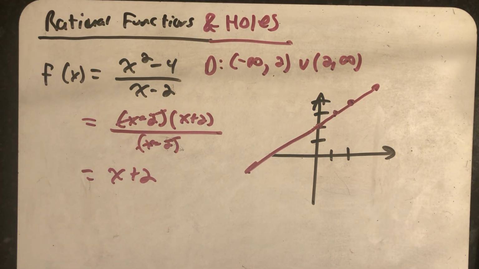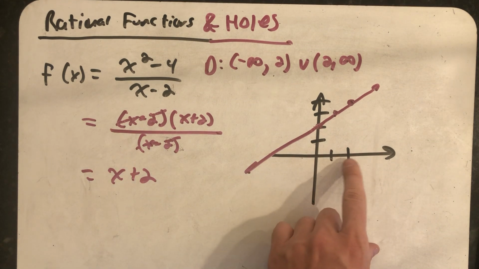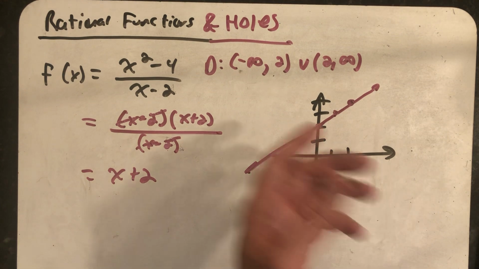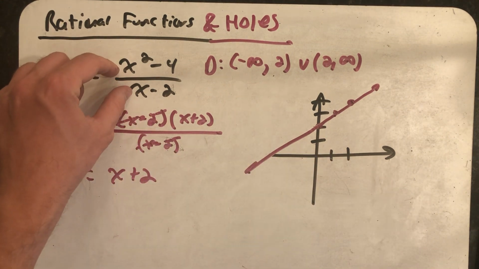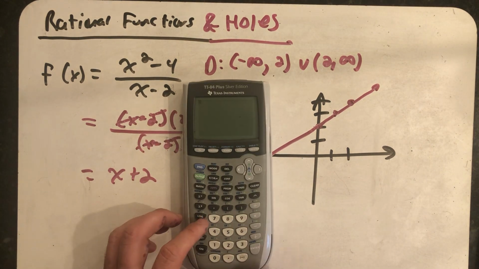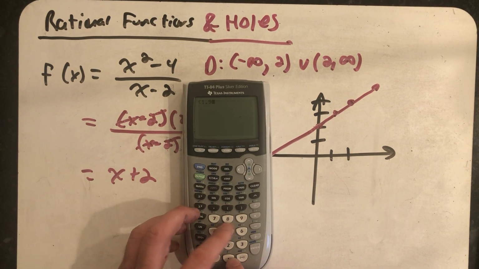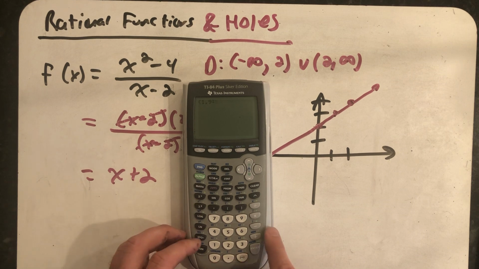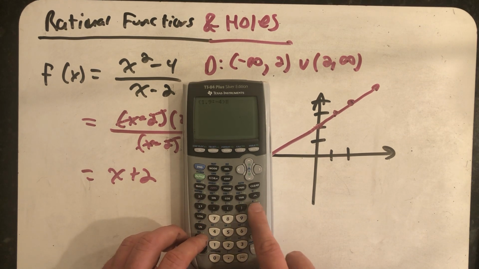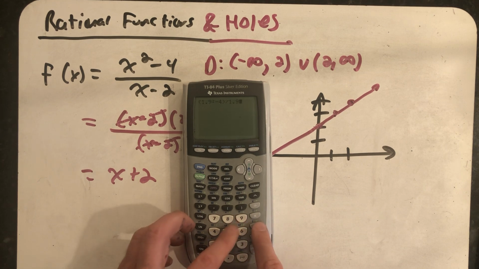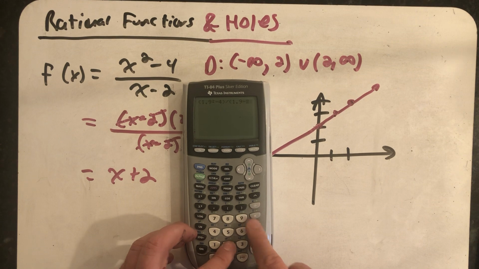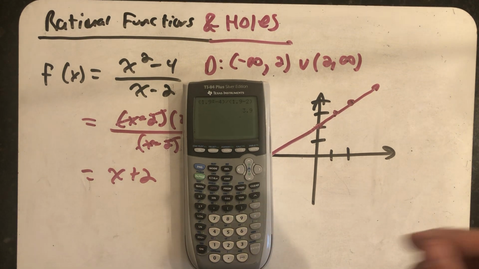All right, so for every other value near 2, I do get a point on that line. Because even if I plug in 1.9, this equation would work and I get 3.9. In fact, we could check that out: 1.9 squared minus 4, all over 1.9 minus 2. 3.9, it works.